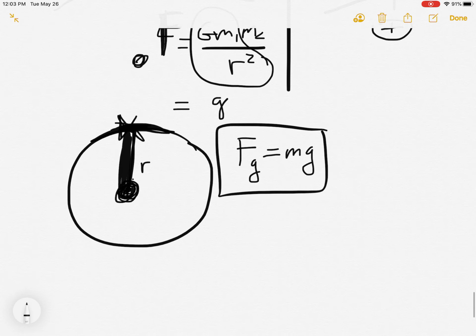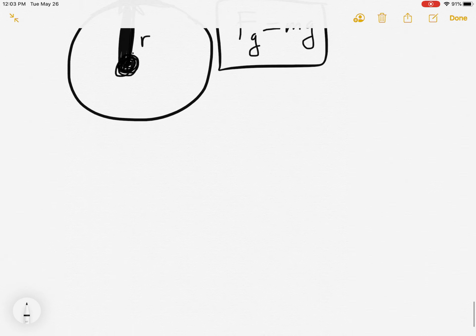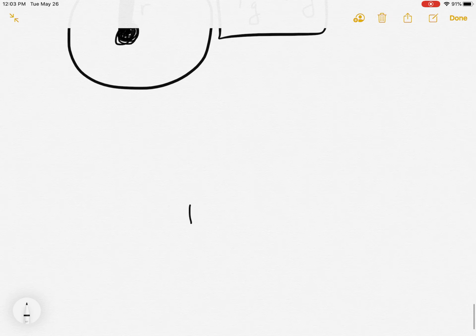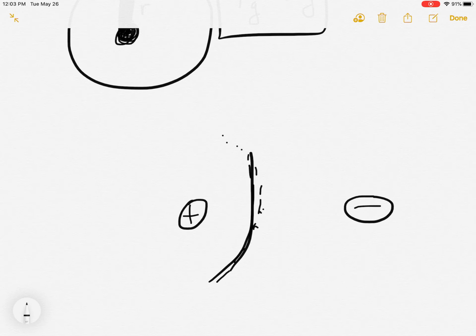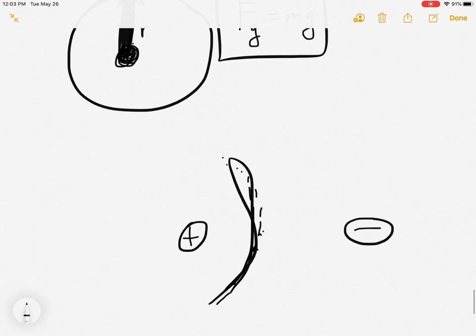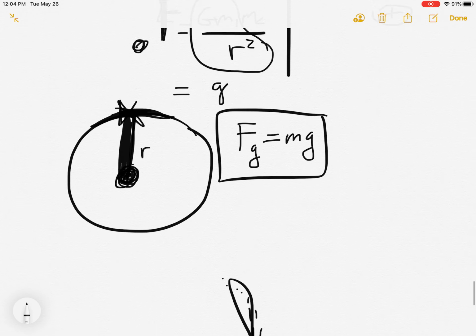And it was kind of a pain because we always had to subtract or add the radius of the Earth. There is no convenient spot when you're talking about charges. Here's a plus charge, here's a negative charge. Well, there's no surface here that things could stand on. And so the shortcut for electricity may or may not always be as useful, because there is no surface somewhere partway in between. It just doesn't exist.